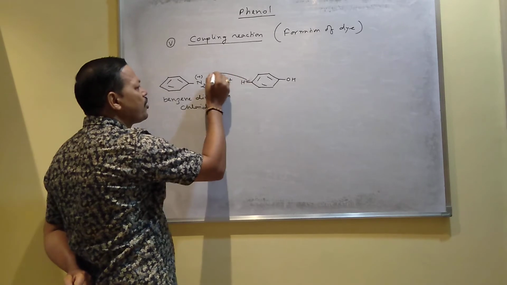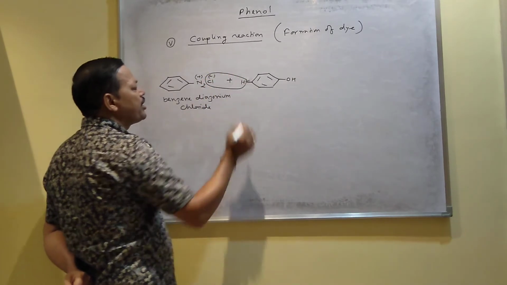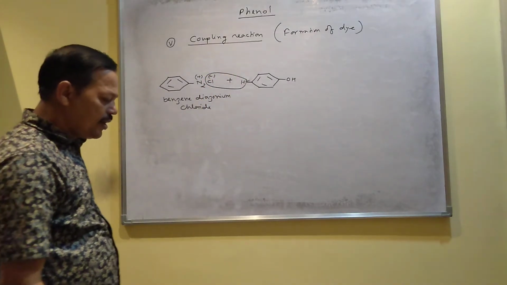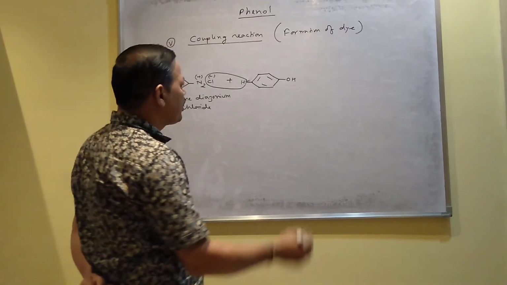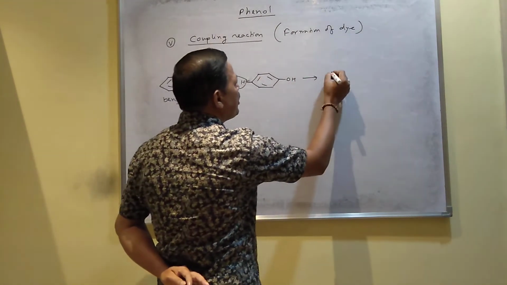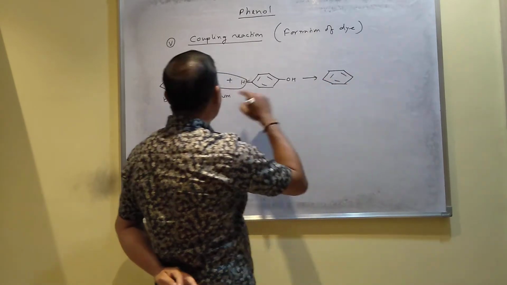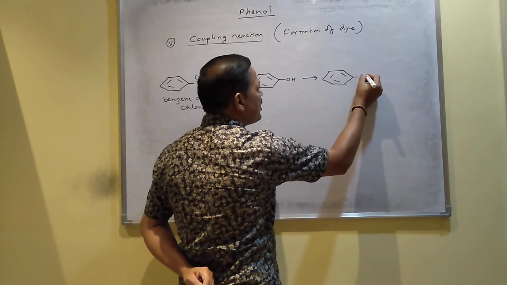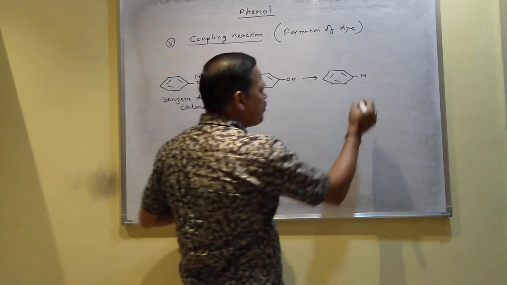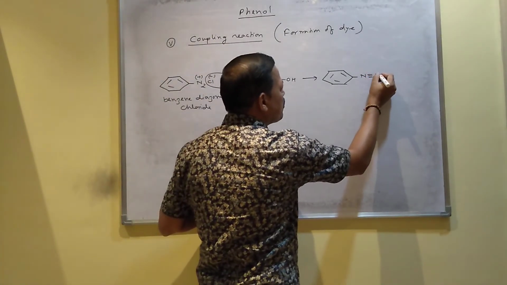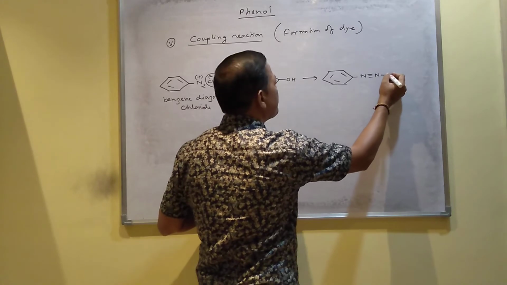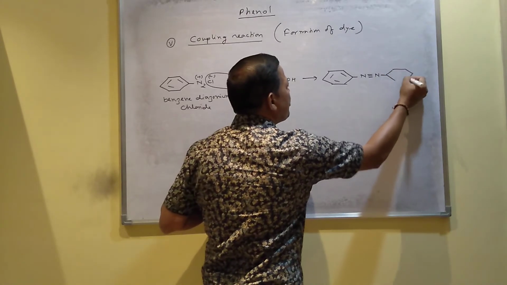This hydrogen combines with this Cl, they produce HCl, and that will be the side product. And when they combine, they will combine like this. The benzene ring of diazonium salt, these are the nitrogen present in diazonium salt, and it will combine with the benzene ring of phenol.